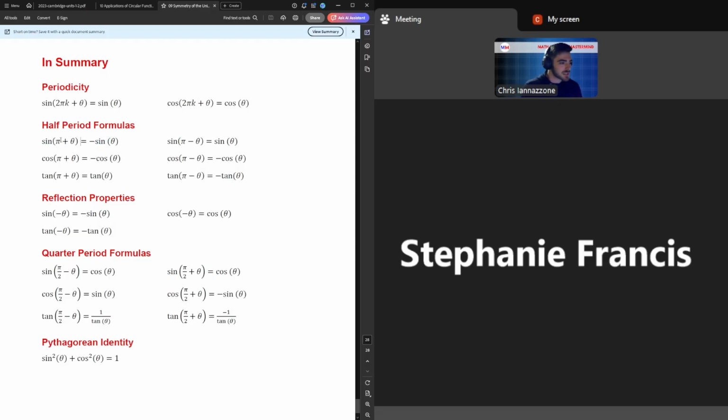It's pretty helpful when it comes to multis, because in multis they know you use CAS, and so to stop you from just casing it out and solving it immediately, they'll give you circular functions that won't look like what the CAS will do, and they'll force you to think, oh wait, I have negative sine theta, but that is the same thing as sine pi plus theta, which is what is on the multi. So they'll make you do another half step on that. That's where I've seen it come up most.